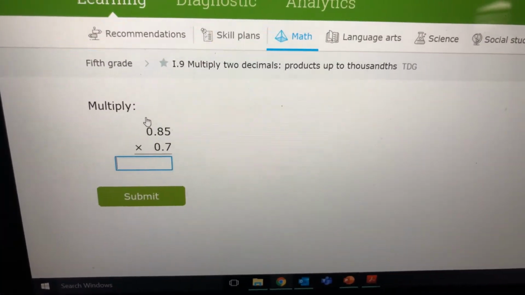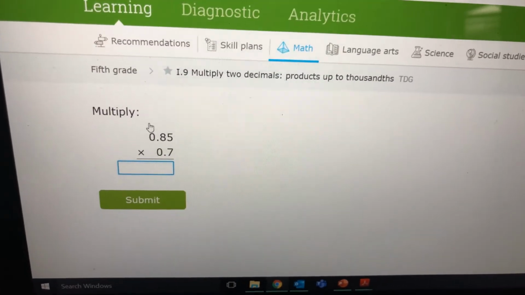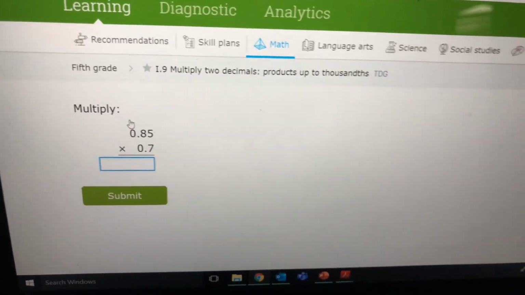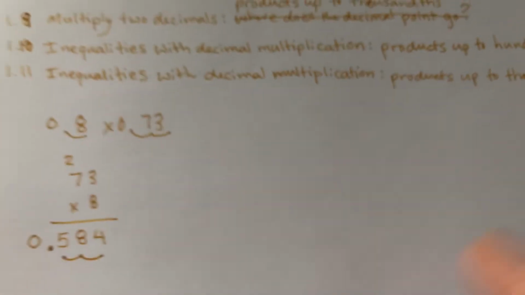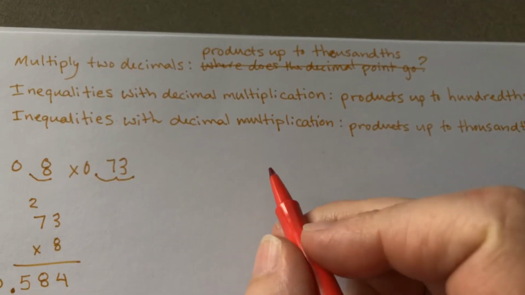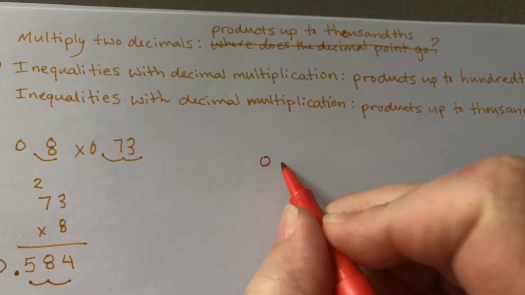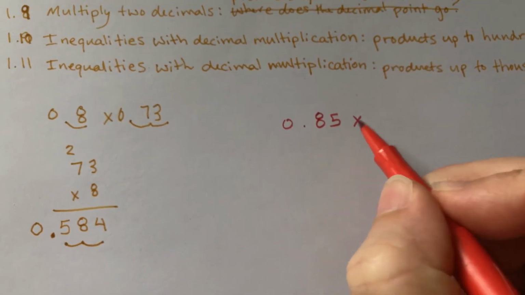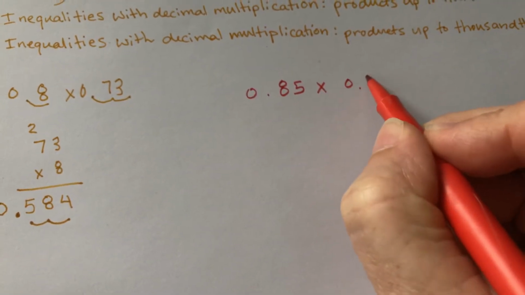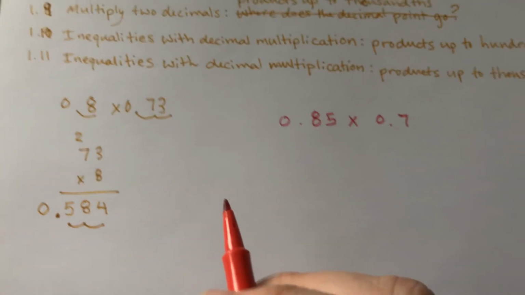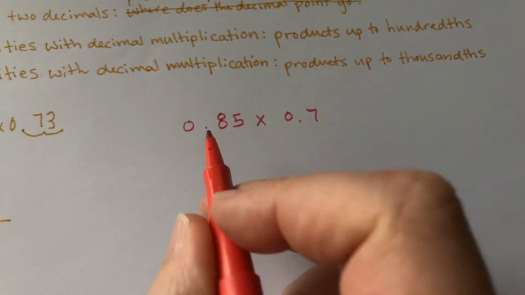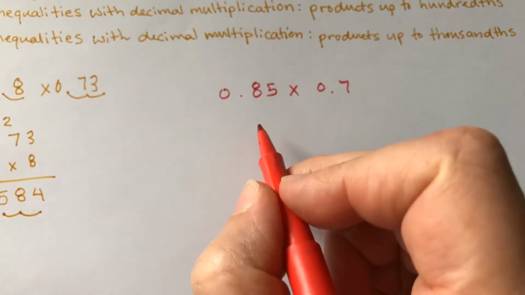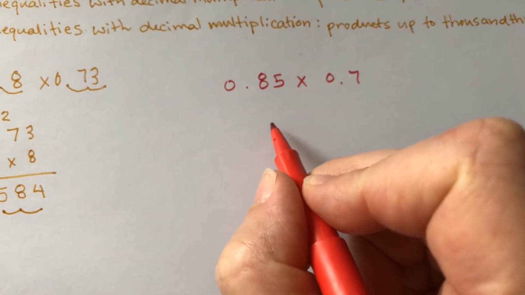Next one, 85 hundredths times 7/10ths. Let's bring it over here. All right, we've got 85 hundredths times 7/10ths. Okay, so rewrite it without the decimals and then just multiply, add the decimal at the end.